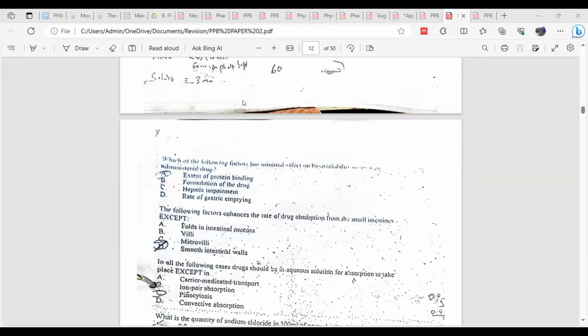But yeah, if it's more protein bound, it's going to be less bioavailable. They say here that drugs that have higher protein binding are expected to have higher bioavailability. That cannot be correct. Higher protein binding, higher bioavailability. How now? It's the other way.